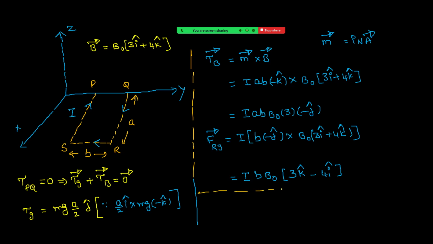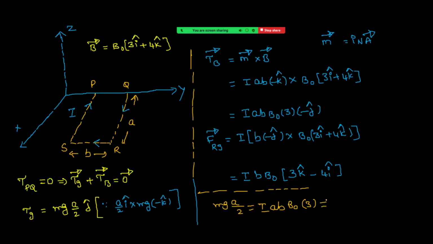So here mg into a by 2 is equal to the torque, which is I a b naught into 3.